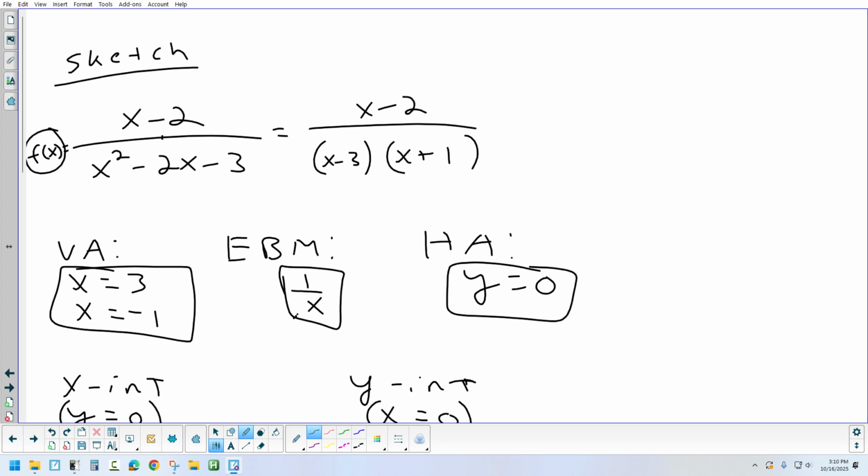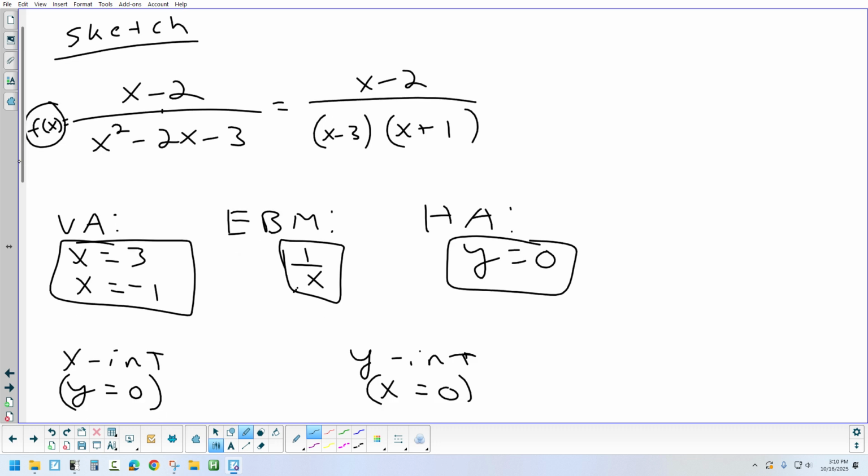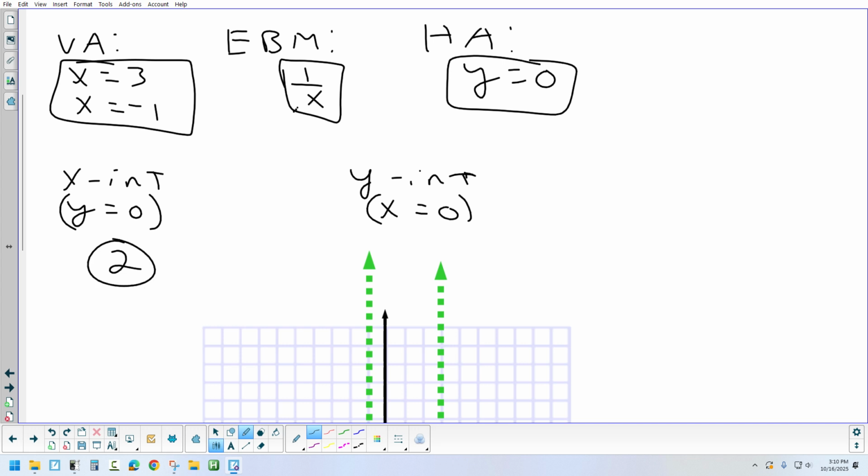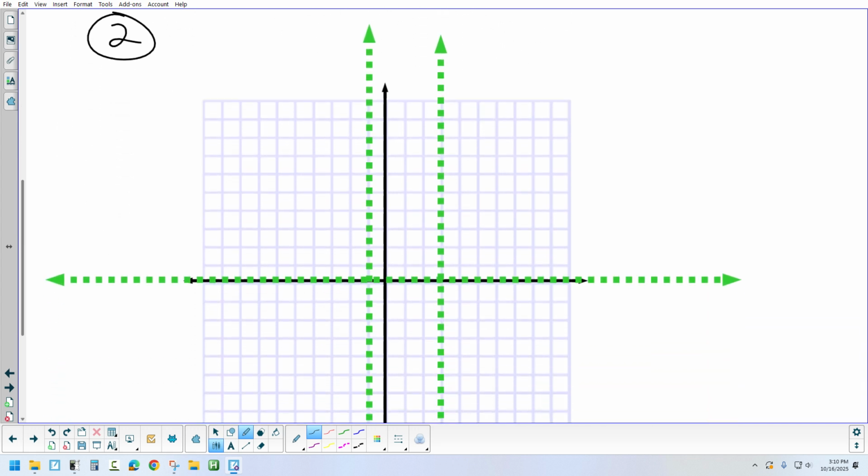If the denominator is 0, that's undefined. You can't divide by 0. If the numerator is 0, then your entire fraction is 0. So what would make the numerator 0, which would make the entire fraction 0? Travis? 2. So that is your x-intercept. X-intercept is going to be at 2.